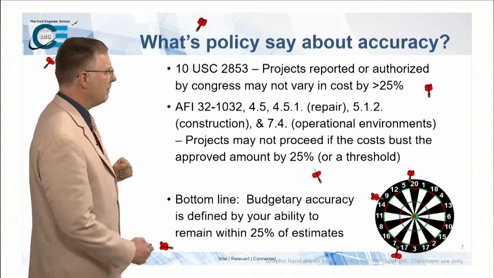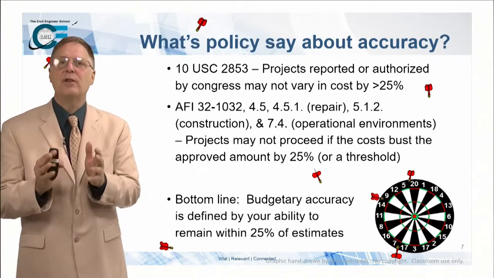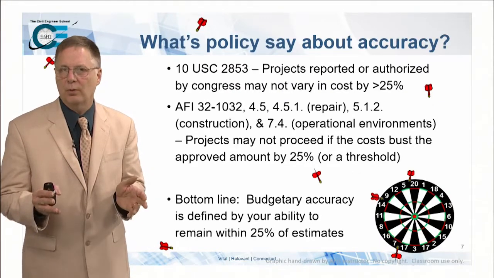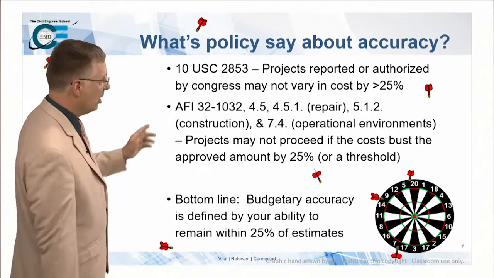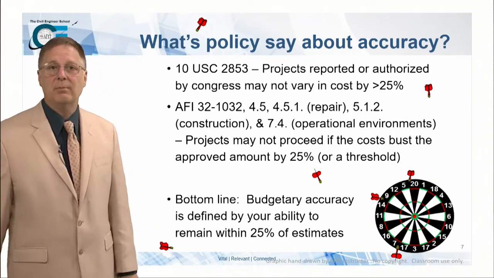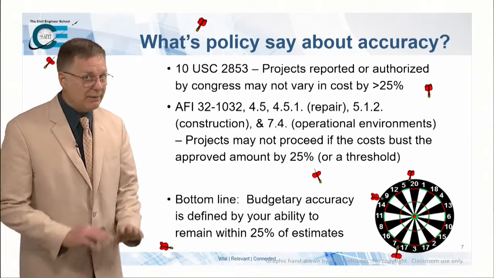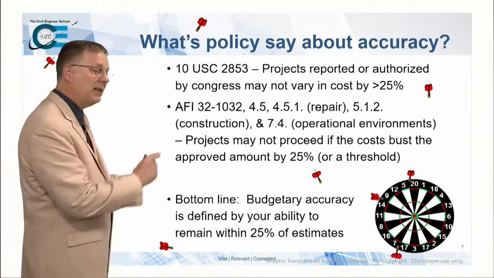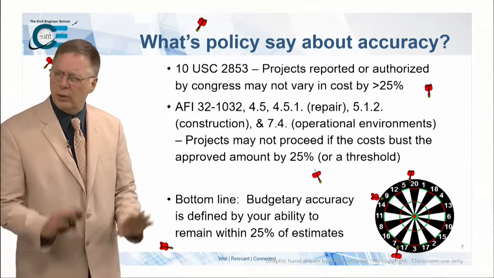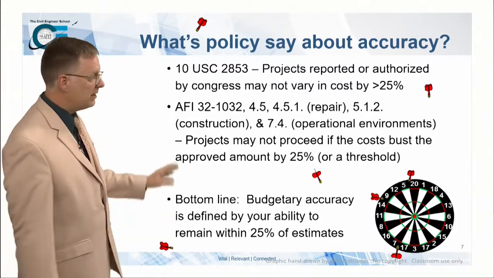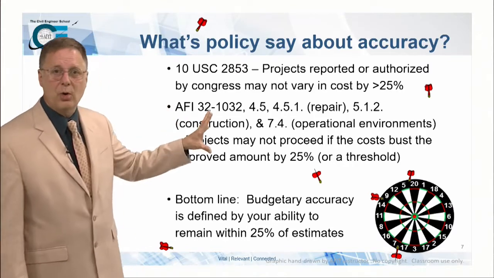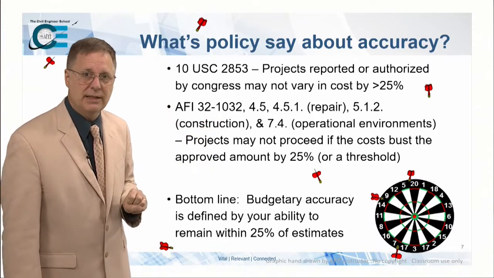So let's talk about what the policy is. And essentially, first thing is this 25% rule. You might say, well, what's so important about 25%? Well, essentially, there's a law out there that says if you sent up a number to Congress, it can't vary by more than 25% without going back to Congress and completely reappropriating or reauthorizing that project. Now, that's a pretty big deal, but then also our policy carries on this.